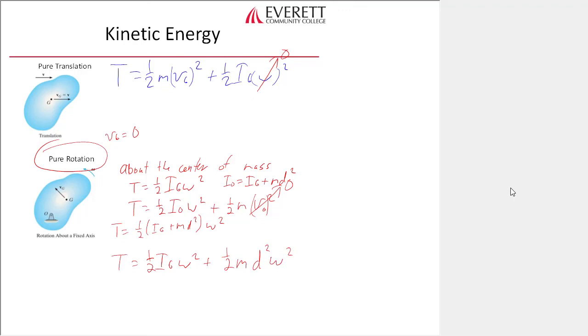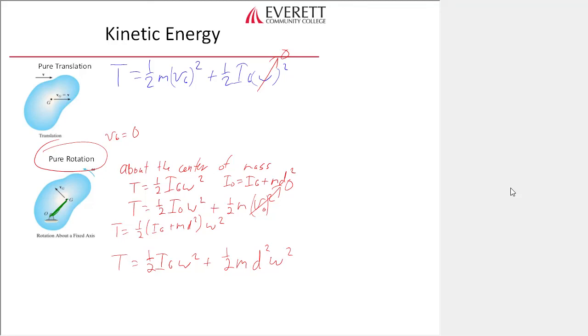We have a d squared omega squared. In this case, the d would look like this. Is there any way to relate this distance to the angular rotation? I think what you're thinking is just r omega. Right?